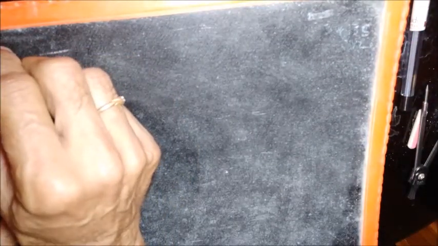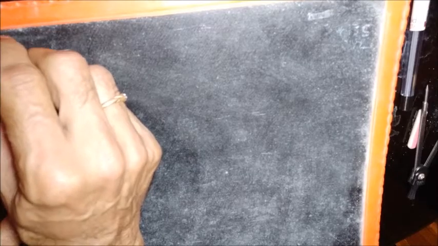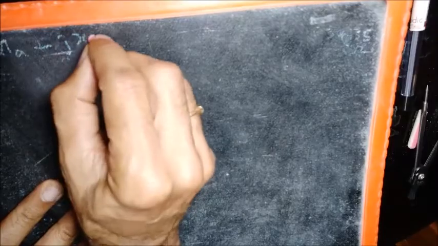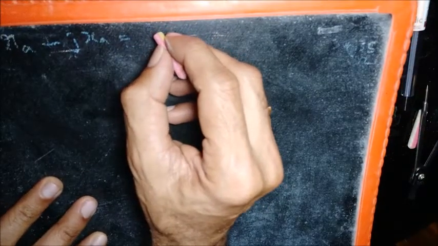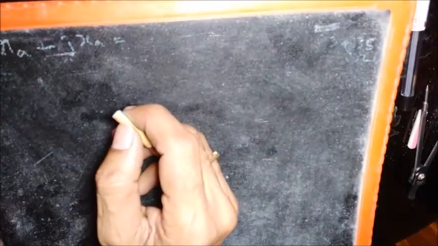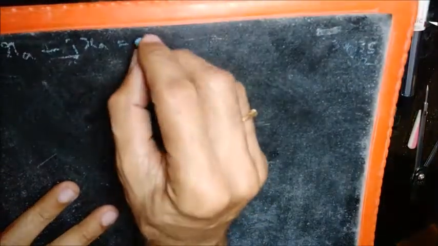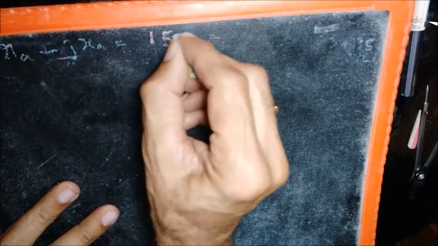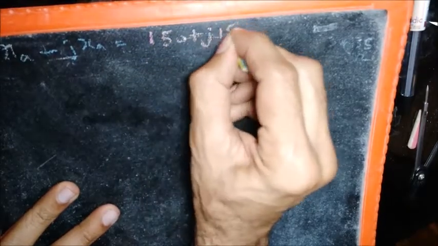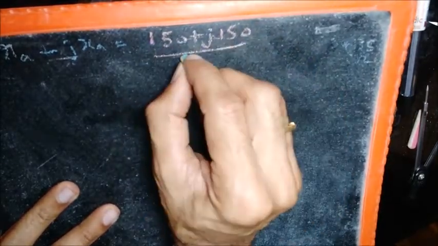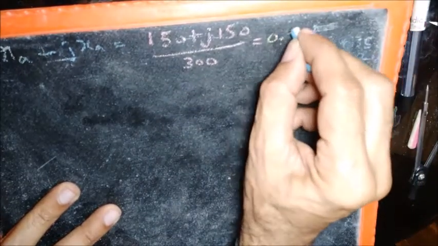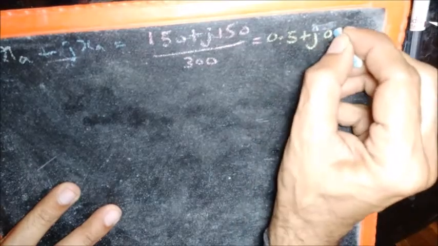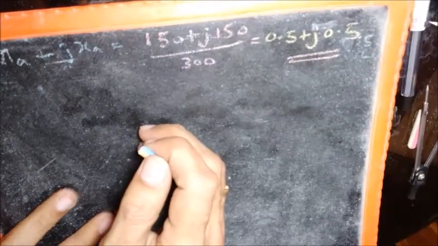So the normalized impedance, that is, if I were to write RA plus JXA, I would end up doing 150 plus J150, that is ZR, divided by 300, that is R0, which simply gives us 0.5 plus J 0.5.